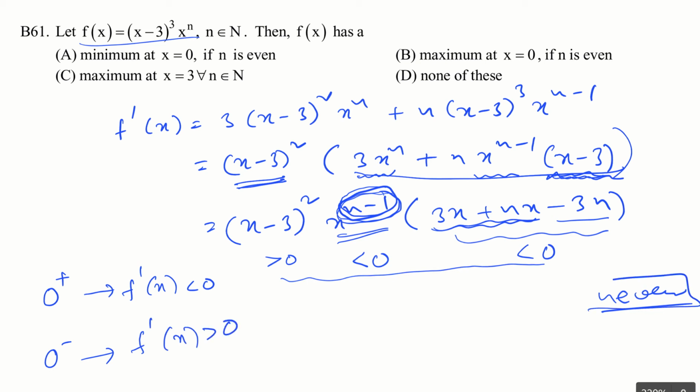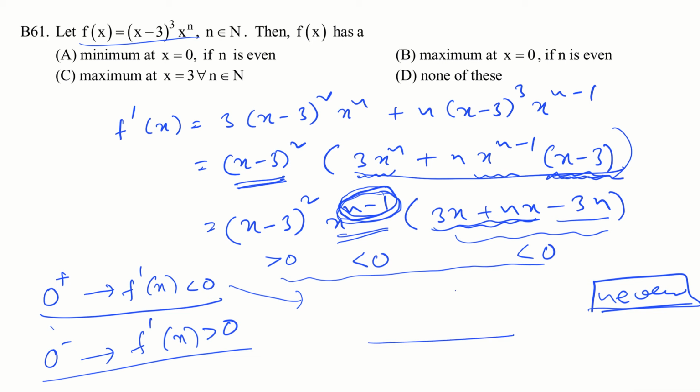When n is even, I observe to the right of 0 derivative negative, to the left of 0 derivative positive. So derivative negative to the right means it is decreasing on the right side, and left side derivative is positive means it is increasing on the left side. Therefore, at 0 we have a maximum when n is even. So option B is the answer.